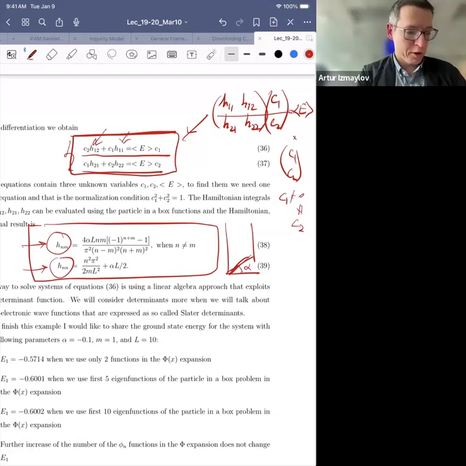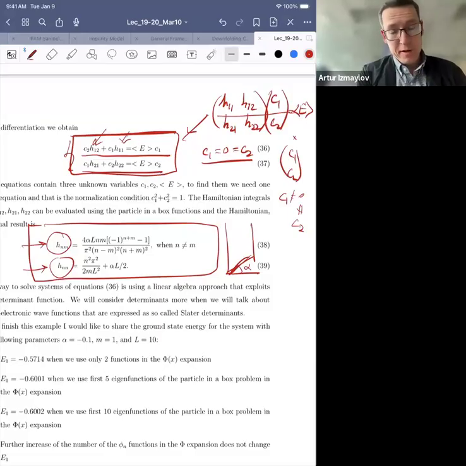Otherwise, the only solution is C1 equal to 0 and C2 equal to 0. That's a trivial solution, which we don't want. If we want a non-trivial solution, then there needs to be a linear dependency between the equations. Otherwise, we will end up with a trivial one.